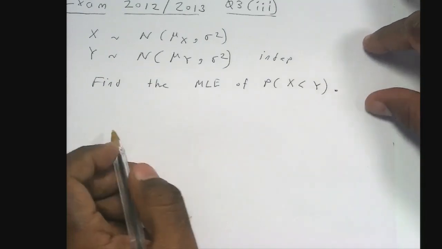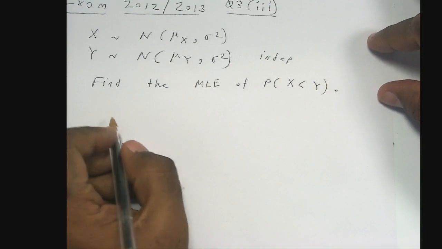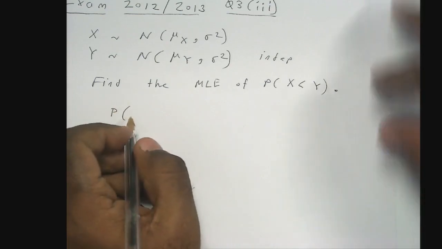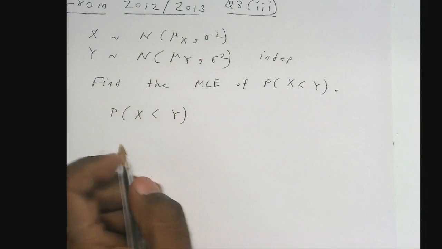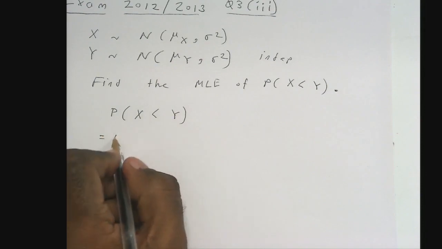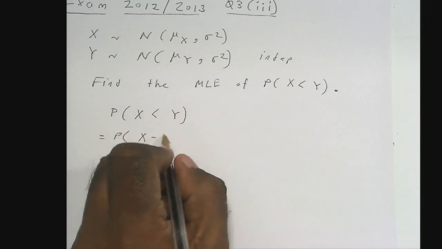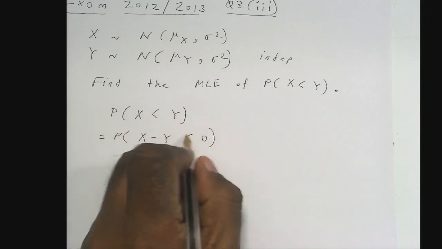Okay, so to do that what you need to realize is that the probability that x greater than y or x less than y is the probability that x minus y is less than 0.